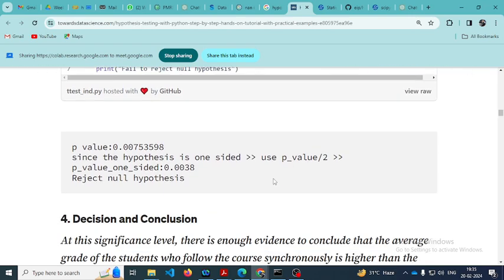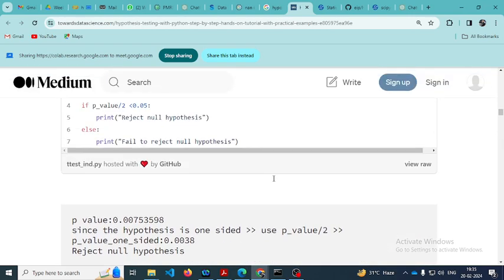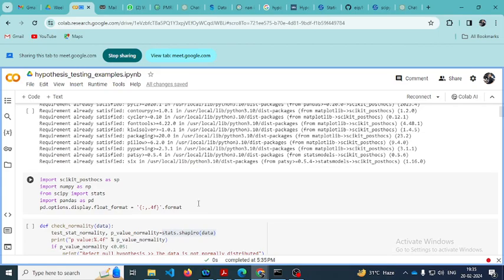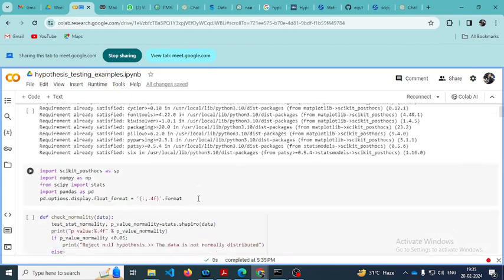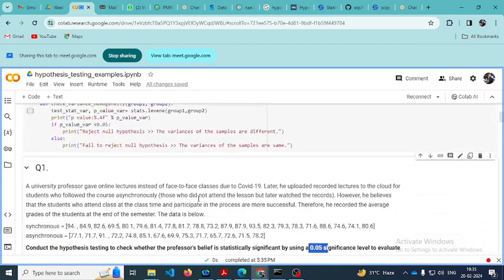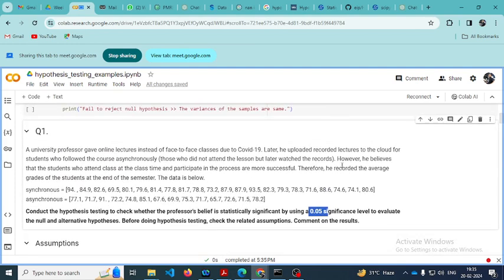So from this, what is your conclusion? The professor has assumed some conclusion, right? See here, the professor believes that the students who attend the class at the class time and participate in the process are more successful. This is normally distributed data, and all these values are higher than the asynchronous data.